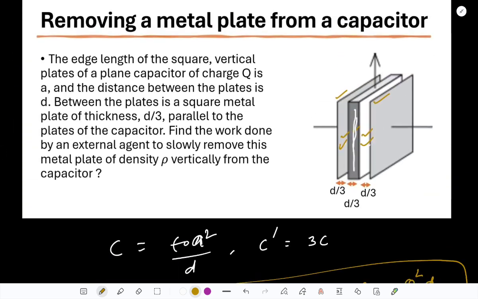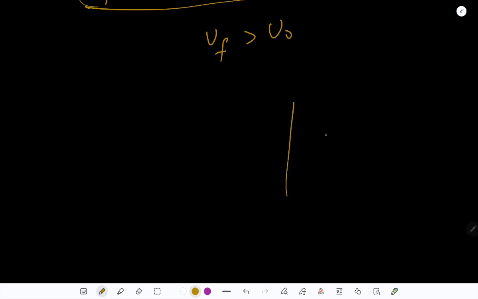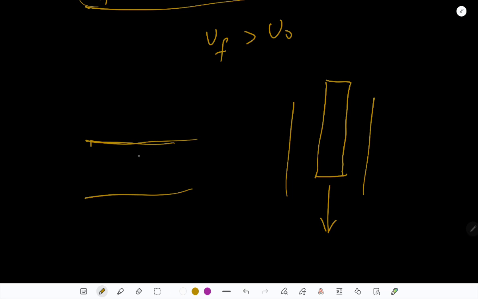and I can say one thing: when we were removing the metal plate, the electrostatic forces will be acting in this direction, because we already know if we place something in between the capacitor plates, the electrostatic forces acting on that something inside the capacitor are in this direction.